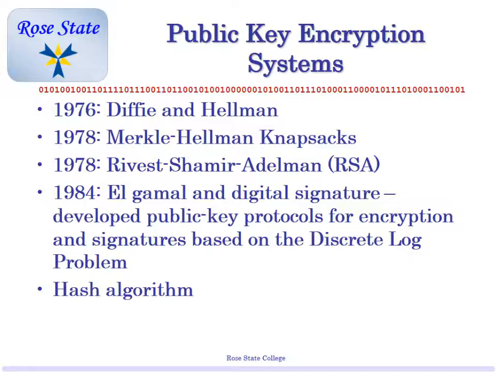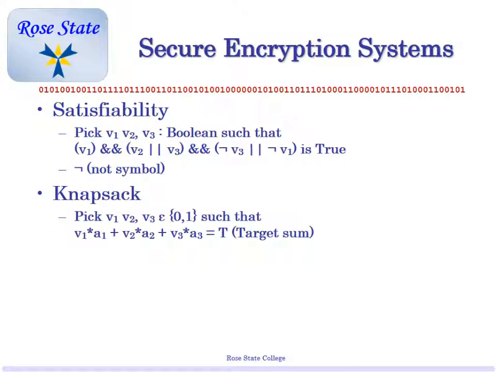Secure encryption system. Let's talk about this now. Something called satisfiability. So if I told you to pick V1, 2, and 3 such that V1 and V2 or V3 and not V2 or not V3 is true. So what is the answer? What is V1? Okay, first of all, do y'all know what Boolean algebra is? You know what an and means? If I have 1 and 1, what's the answer? 1.